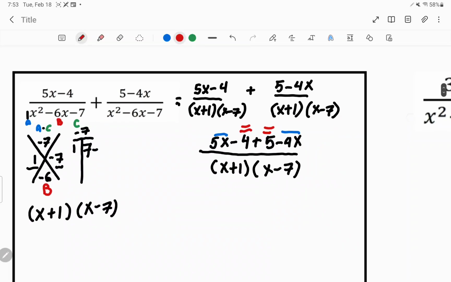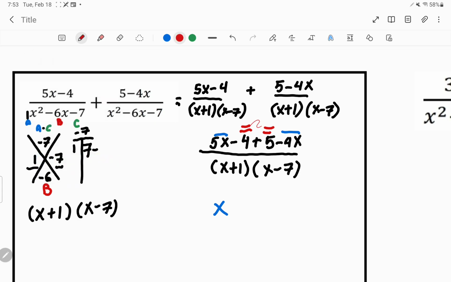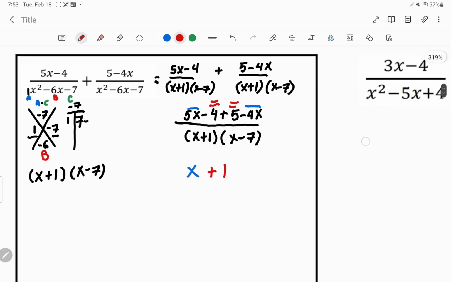So what do we get? 5x minus 4x is x. And then negative 4 plus 5 is positive 1. There we go. That's what I'm going to get on the top.